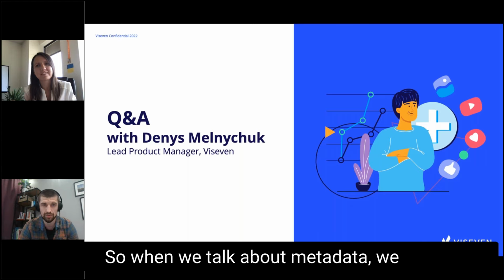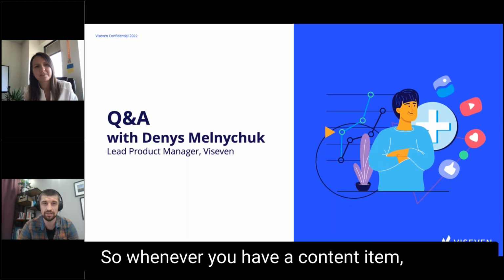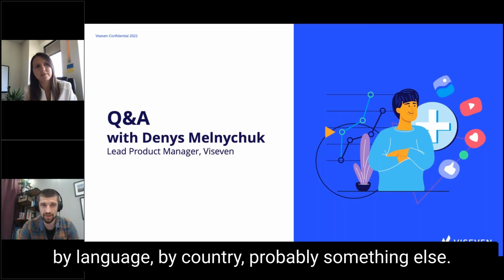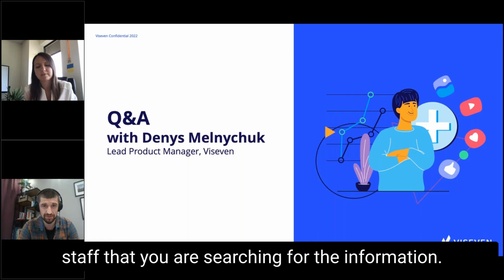So when we talk about metadata, we mainly talk about data about data. Whenever you have a content item, you usually classify it by, let's say, product, by language, by country, probably something else. But for most cases, this is not the stuff that you are searching for the information.